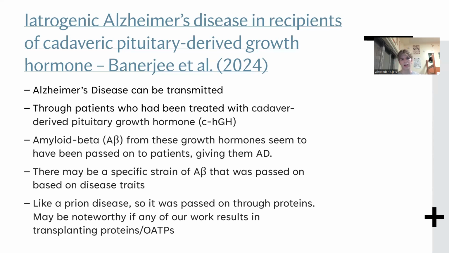They don't use the process anymore, but these people had been treated with cadaver-derived pituitary growth hormone, obviously from cadavers, which had amyloid beta, which they said is a kind of signal for Alzheimer's disease. And one other thing, but that wasn't related to Alzheimer's disease. But it was passed on. It seems kind of like a prion disease.